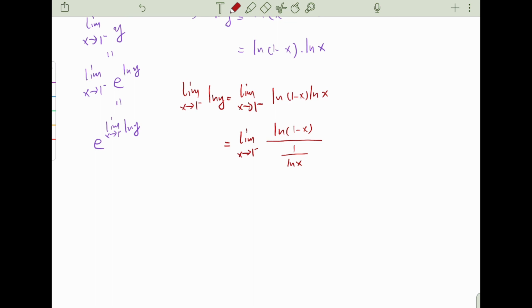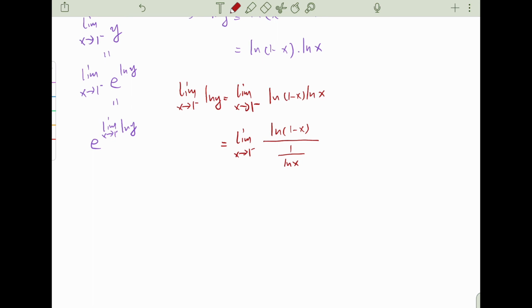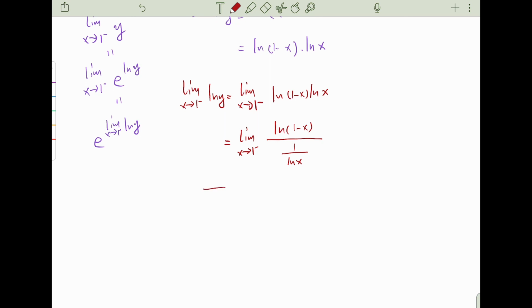And when we plug in 1 in the denominator, that is 1 over ln 1, and ln 1 is 0. And 1 over 0 is also infinity. So this is the infinity over infinity type.